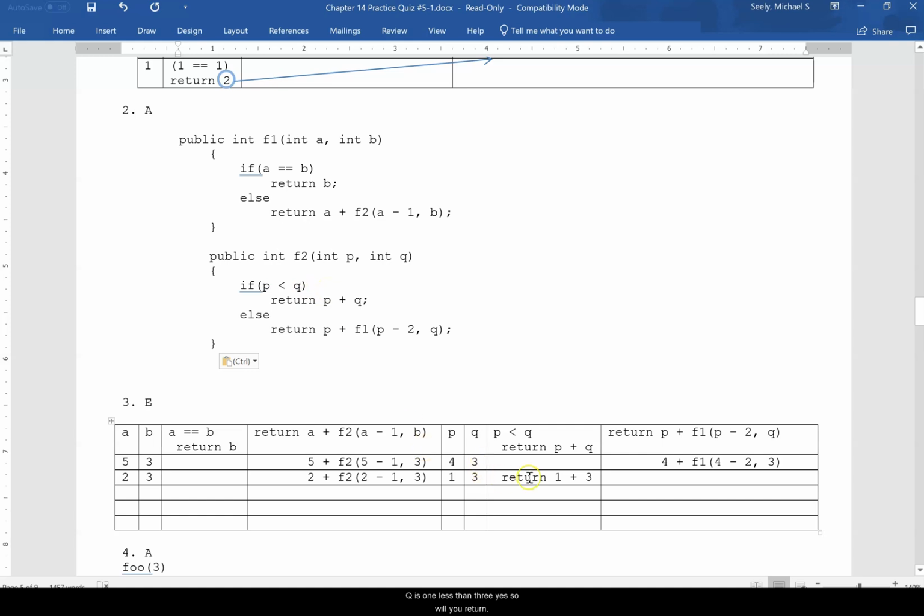Is 1 less than 3? Yes, so we return 1 plus 3, which is 4. And that's it. There's no popping back up the stack or anything, because all you're doing is returning that.